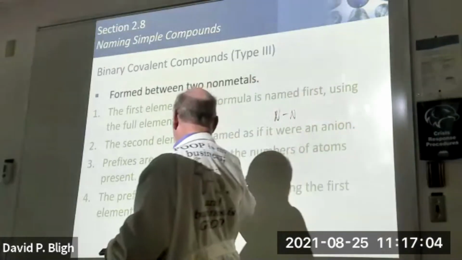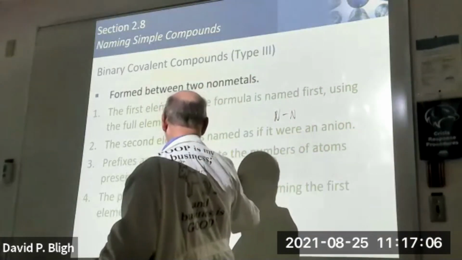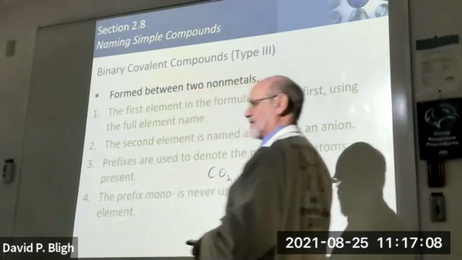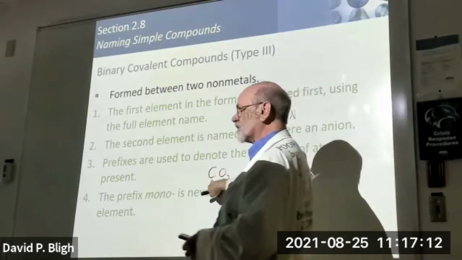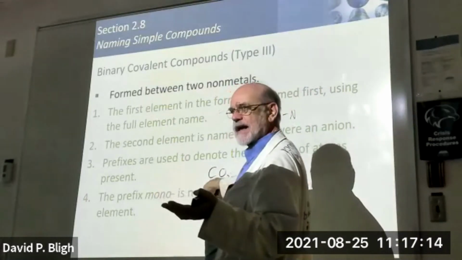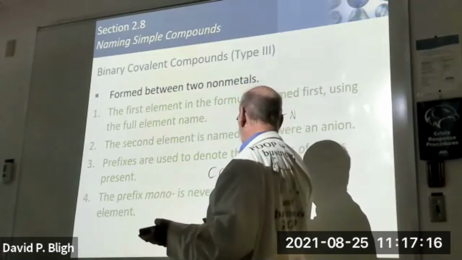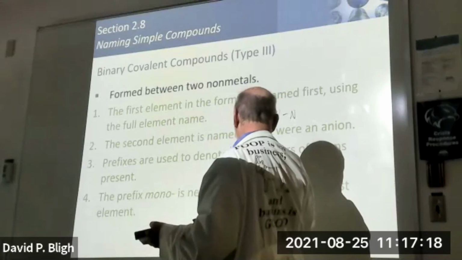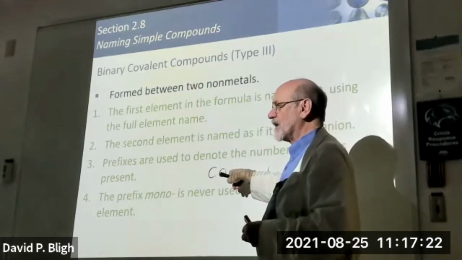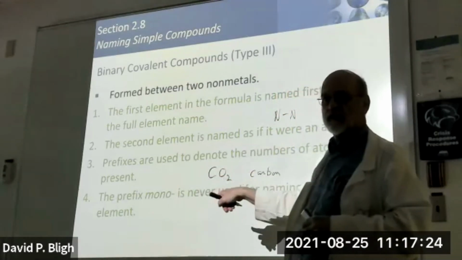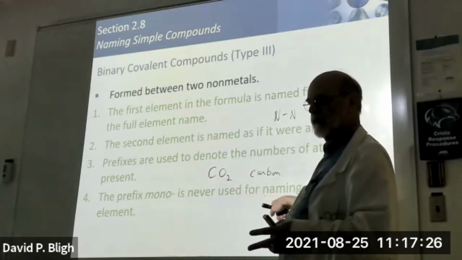So if we say we have a carbon and 2 oxygens, the first one occupies the cation position. We just say carbon. And since there's only one of them, we don't use the prefix for the one, which is mono.